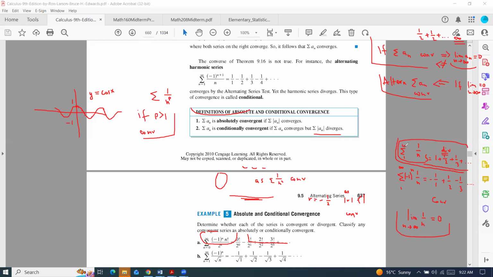If you have it all positive, it's divergent, right? But if you have sign alternating down below, then it is convergent. So with absolute values it is divergent, but without absolute values it is convergent. So it looks like it's conditionally convergent.